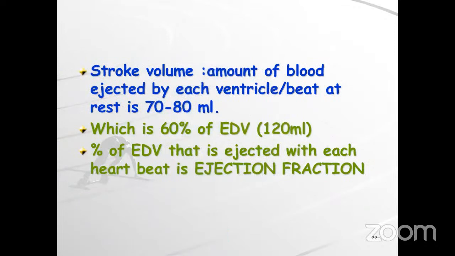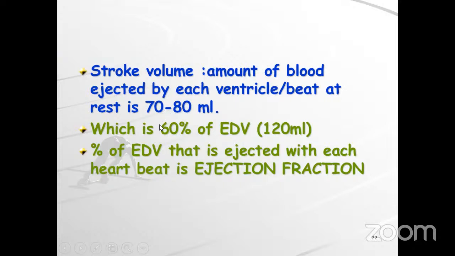So the stroke volume, that is the amount of blood ejected by each ventricle per beat at rest, is around 70 to 80 ml, and that is 60% of the end diastolic volume.